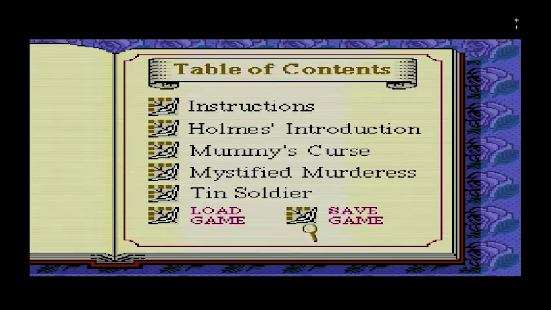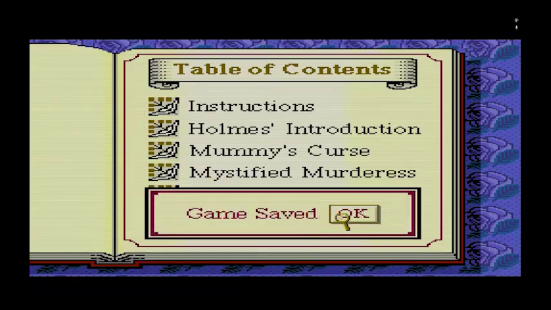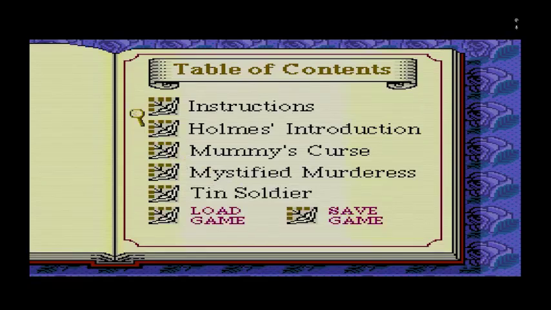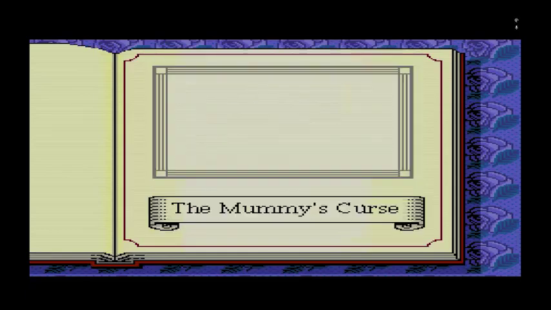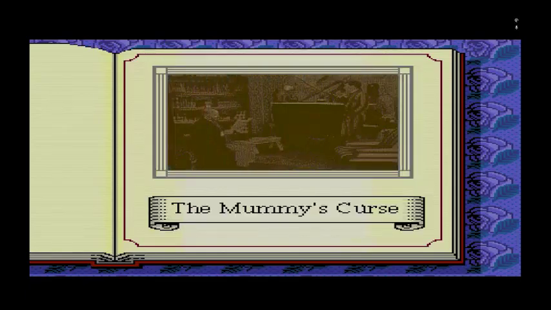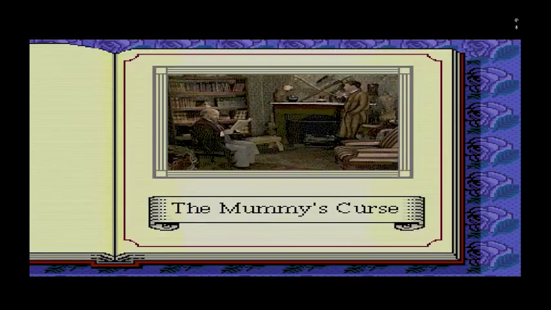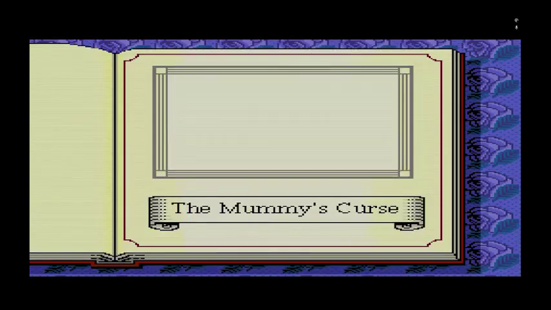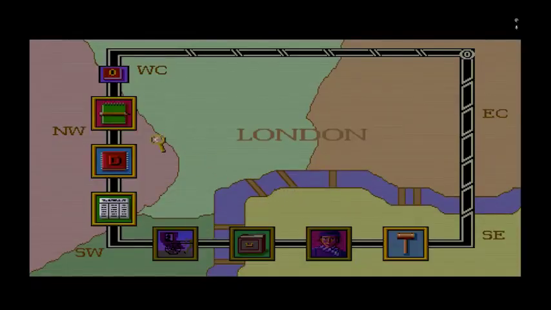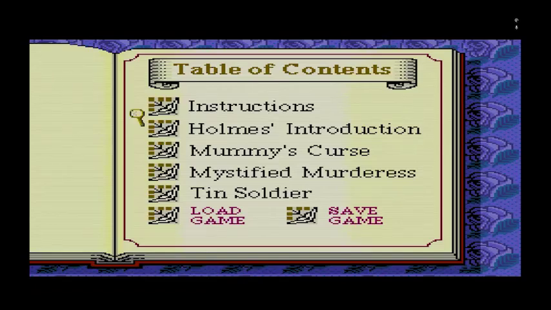Okay. Well, might as well save that game. And I think in this game, S saves the state. Alright. Mummy. Oh, I think I just started it over again. How do I get back to that now without going through it?